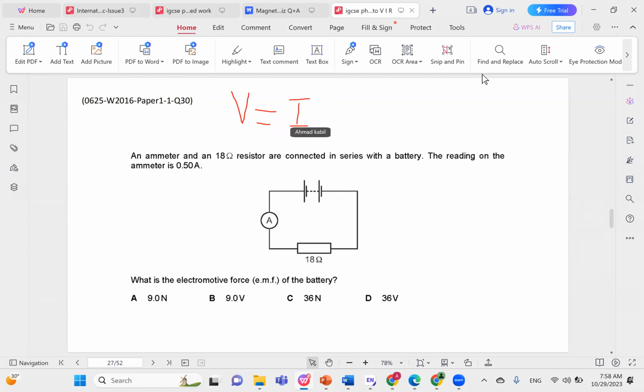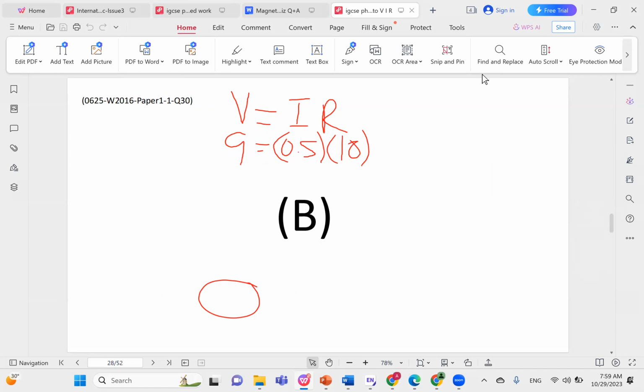You need to understand that voltage and EMF and PD, potential difference, are all represented with V. So this equation applies to all of them. Here the current is 0.5 amperes multiplied by the resistance, which is 18 ohms. So the correct answer would be 9. Is it 9 newtons or 9 volts? Of course, it's 9 volts. So the correct choice here is choice B.